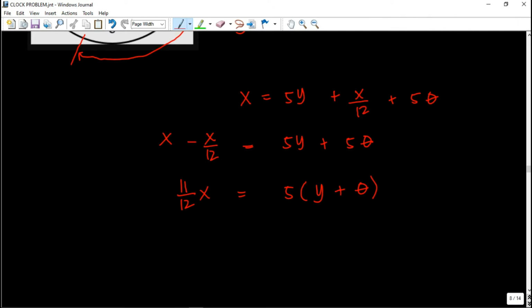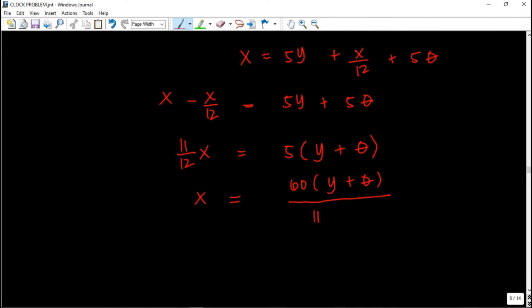So, this will become x is equal to, times 12 tayo both sides, then divide by 11 both sides. So, therefore, this here will become 60 times the quantity y plus theta all over 11. So, ayan, lumabas na guys, 60 over 11. So, this means that x is equal to 60 over 11 times the quantity y plus theta.